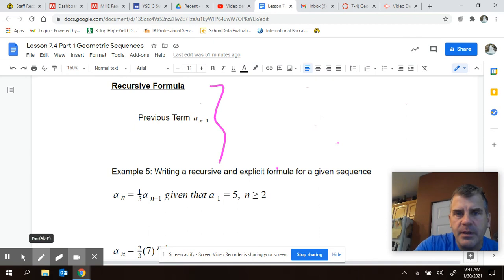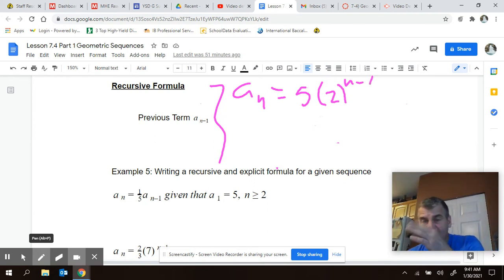Okay, let's say we're given the explicit formula. And we're supposed to generate that sequence. Well, you already know what the first term is. It's in the formula. So we know first term is 5.